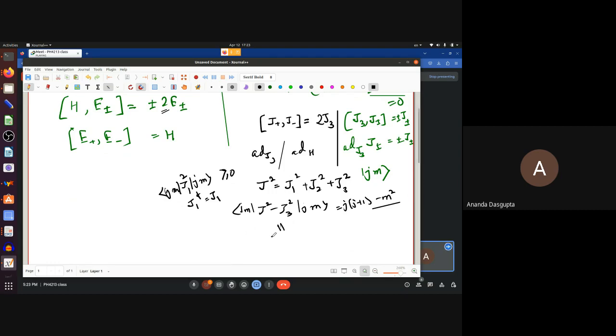But this is also the expectation value of J1 square plus J2 square. Despite the fact that |J, m> are not eigenstates of J1, J2 separately, they are eigenstates of J1 square plus J2 square, rather trivially, with the eigenvalue given by this. And this cannot be negative. And that's why M has to have an upper bound and a lower bound.